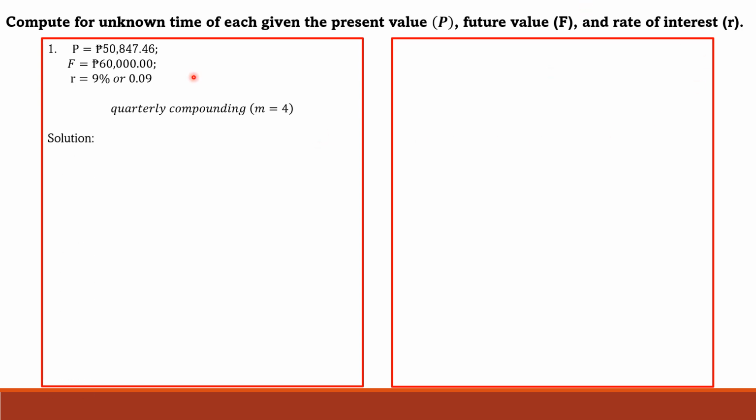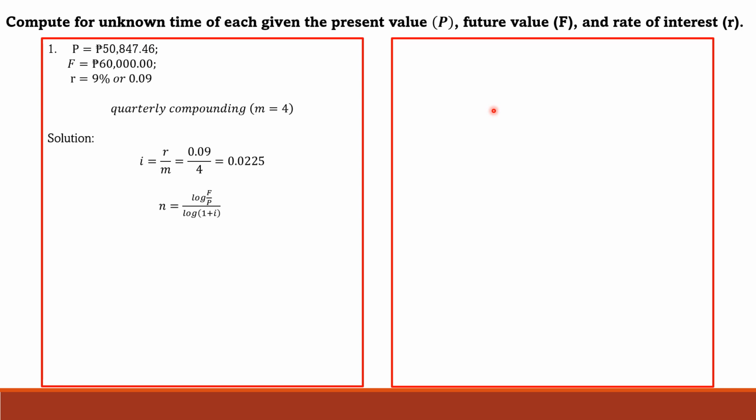Okay? Now, our next step is to solve for N. Okay? So, yung total number of period po natin ay kailangan muna ng hanapin, no? With using this formula, N equals logarithm of the final amount divided by the present amount all over logarithm of 1 plus I. Okay?